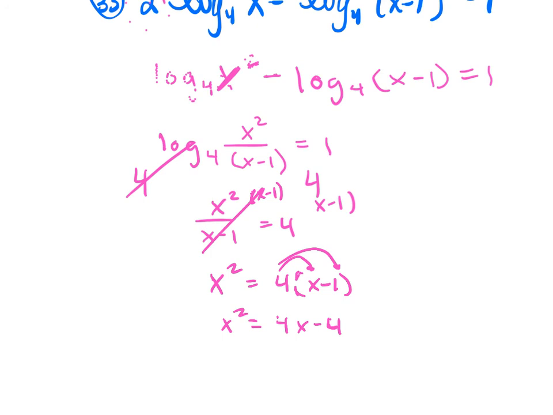What can we do from here? Perfect. Subtract the 4x and add the 4 on both sides. So on the left side we have x squared minus 4x plus 4. And then what do we need to do?